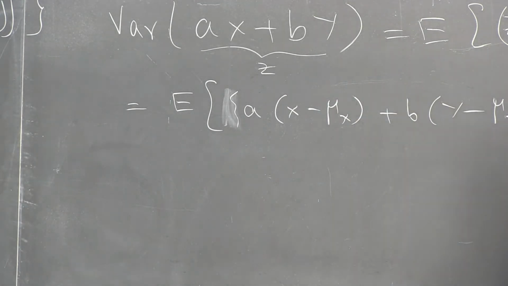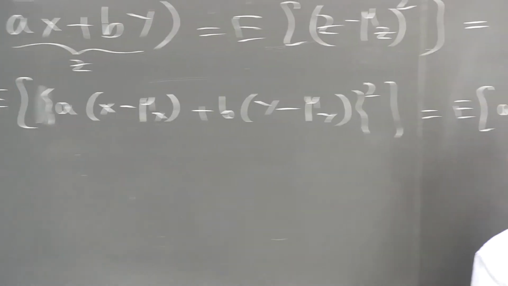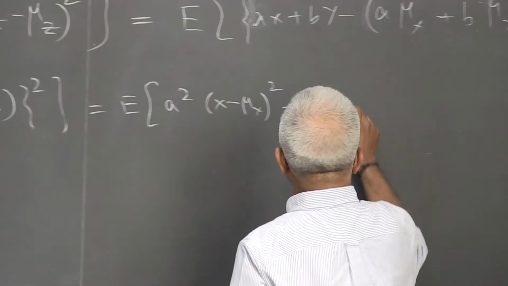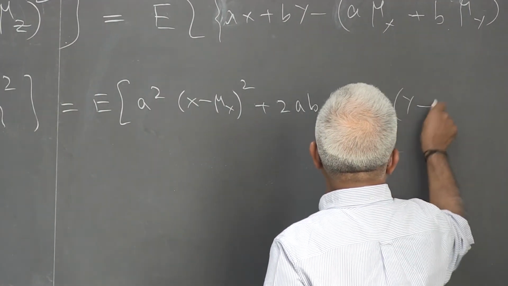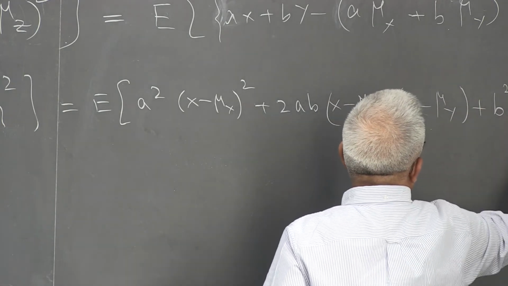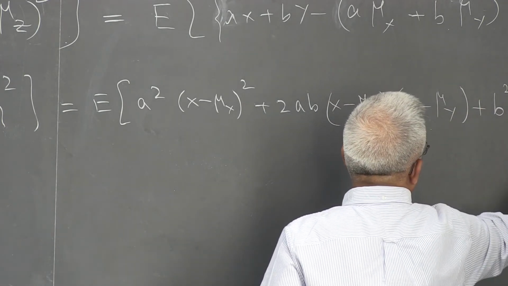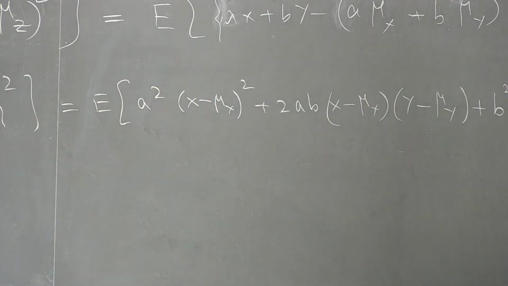If I expand this, I have the expected value of a squared multiplied by x minus mu x the whole squared, plus 2ab times x minus mu x multiplied by y minus mu y, plus b squared multiplied by y minus mu y the whole squared. So if you put the expectation through, what do you get?